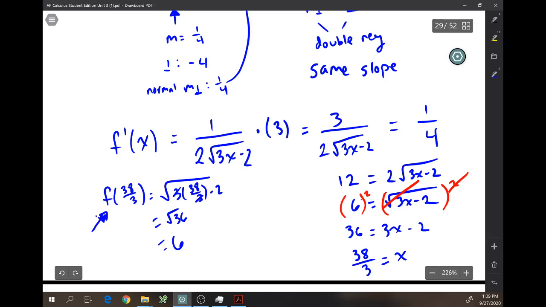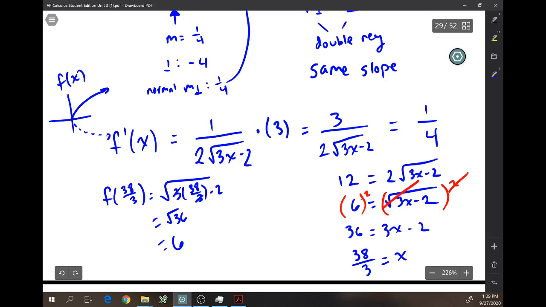Now, we're going to use 6, not plus or minus 6, because we're solving for the f. Remember what I said earlier: if you're solving for the f of, you don't do plus or minus. But if you're solving for x, you do plus or minus. And that just has to do with functions, right? An f of x can't have plus or minus.